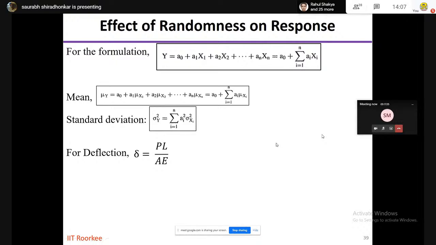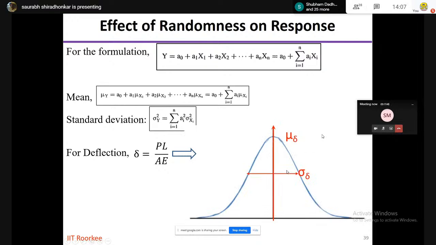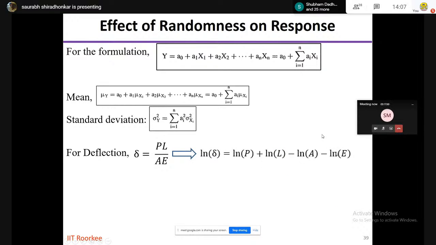So if you want to apply this formula to this deflection, where your E is normally distributed with mean mu E and standard deviation sigma E, we can take a logarithm of this, and using this logarithm you can put in the value of the mean of E. You can figure out the value of the mean of log D, and then you can take the inverse log and figure out the mean deflection.